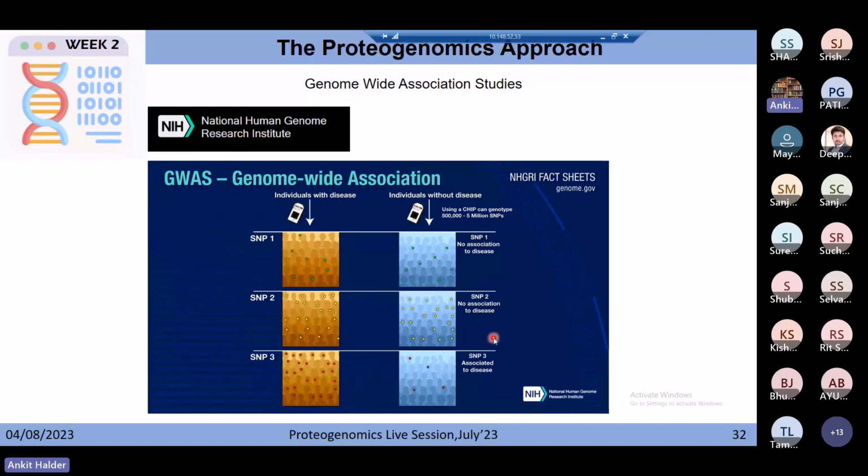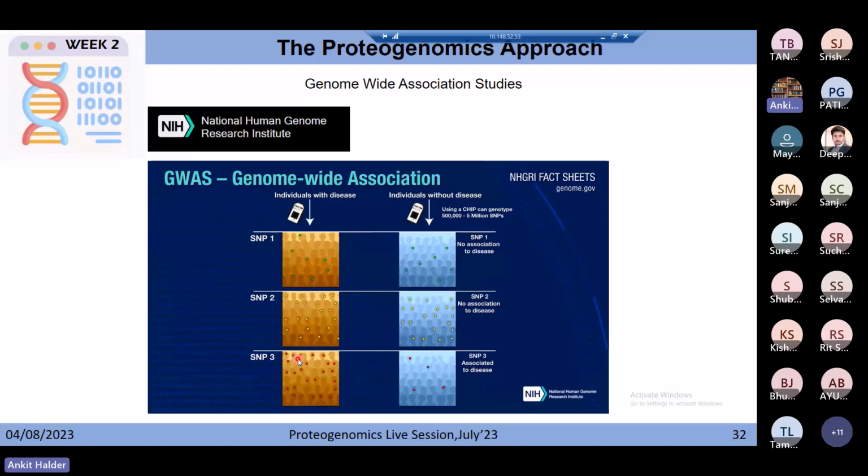But this SNP3 is associated with the disease for a particular set of individuals, but it is not affecting another set of individuals. Why? How did you understand this? If you look at this picture, SNP1 is randomly distributed among the individuals, but it is not causing any disease. The second SNP is also randomly distributed. It is not causing disease.